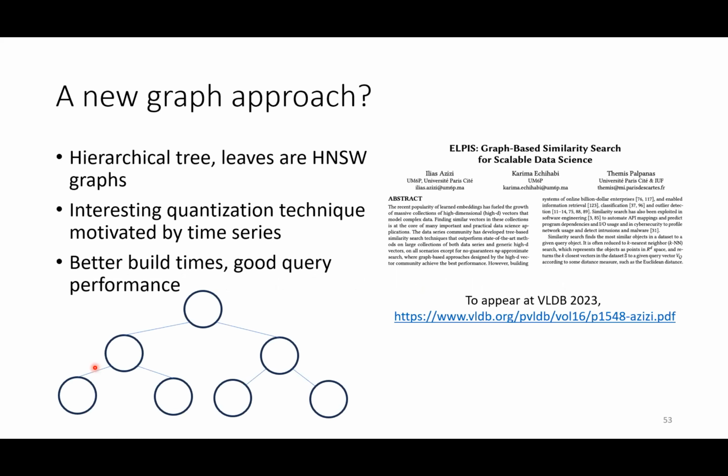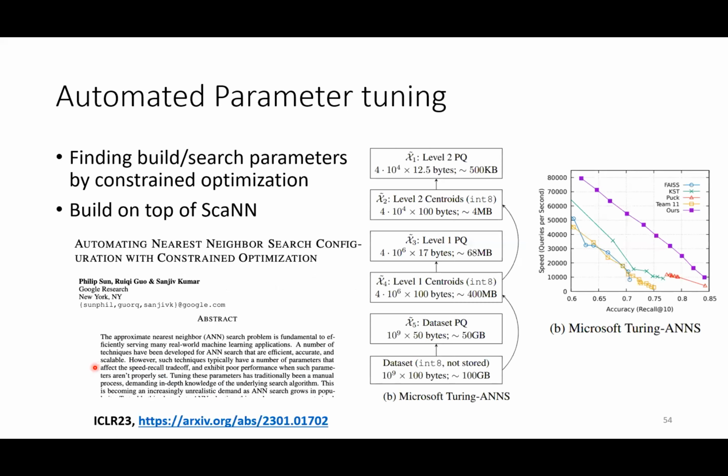And it's interesting, I just pointed it out here in the material. We talked about how it's so difficult to choose parameters, and everybody is in this situation. There was a recent paper at ICLR from people at Google. They took their ScaNN and they asked, how do we find good parameters? And they made an optimization problem out of it.